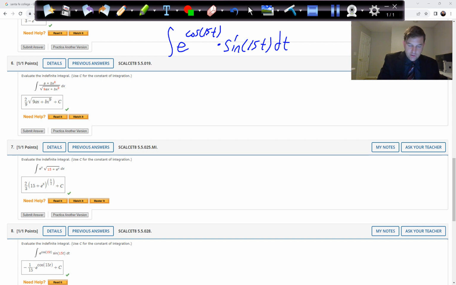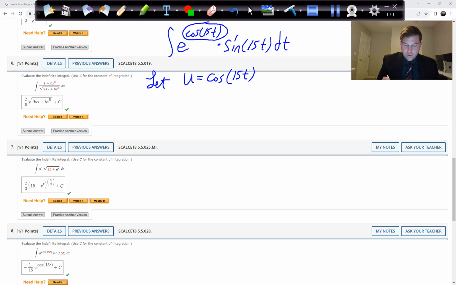So instead, that's another common thing, if your exponent has some funky stuff going on, a complicated function or something, you're almost always going to pick your u to be that function. So we're going to let u be the function that is the exponent on our exponential function.